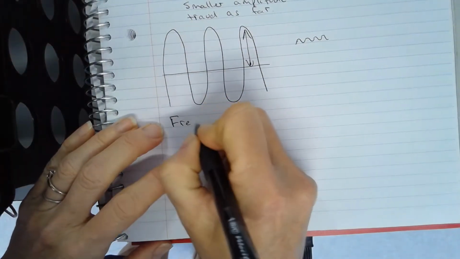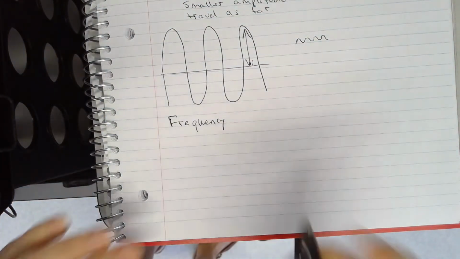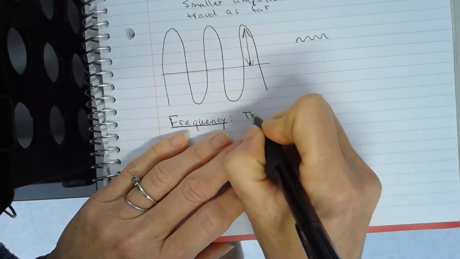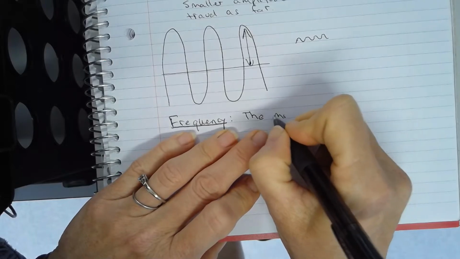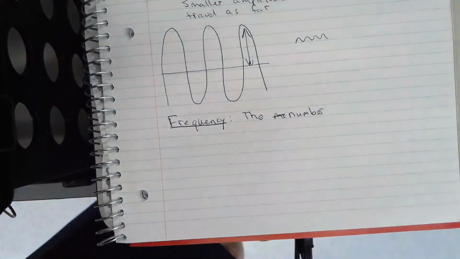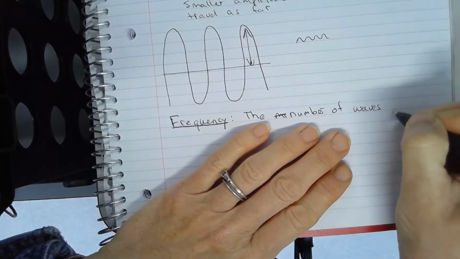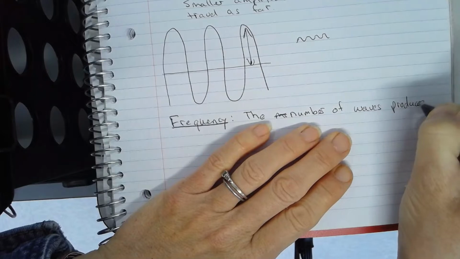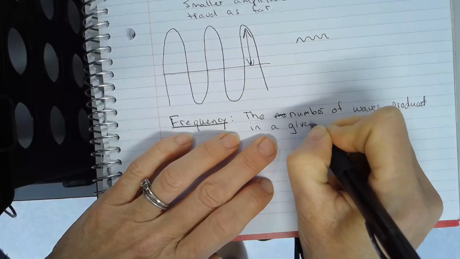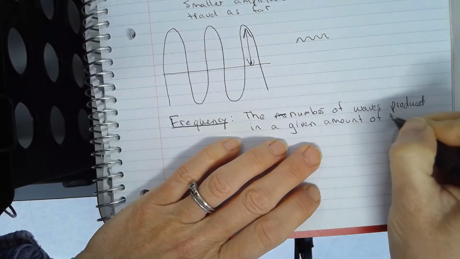So frequency is the number of waves produced in a given amount of time.